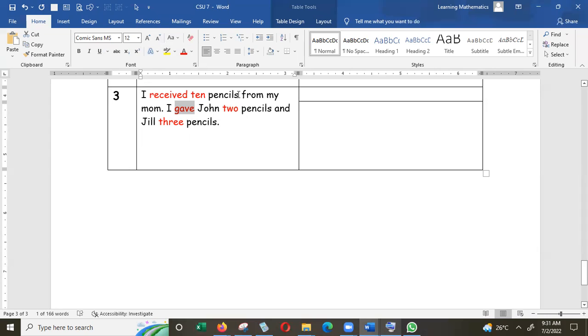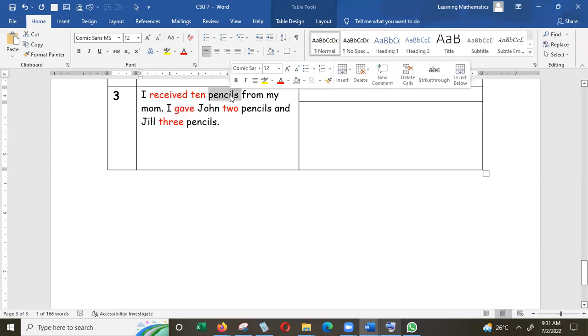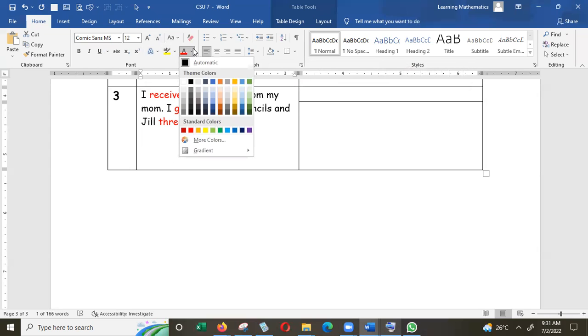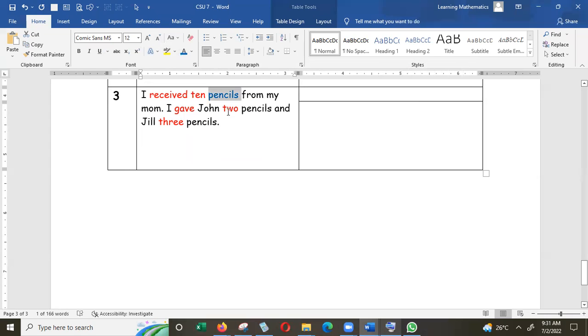Now, the word pencils does not really communicate quantification, but in a way, yes, because the S signifies plurality, which technically signifies quantification because it's more than one.